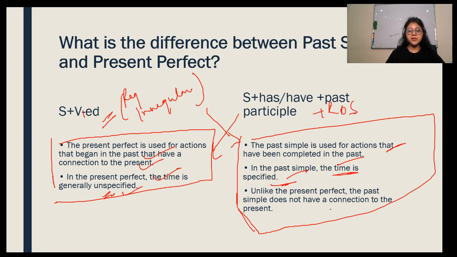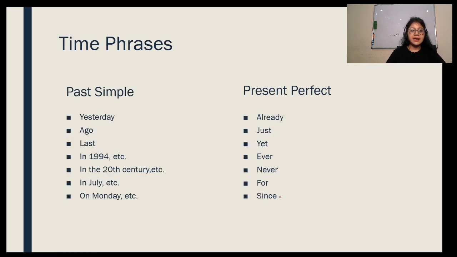Unlike the present perfect, the past simple does not have a connection to the present. And here you have time phrases that you can use with past simple and time phrases that you can use with present perfect. So please take a screenshot of this so that you are able to remember it later on. Take a screenshot.